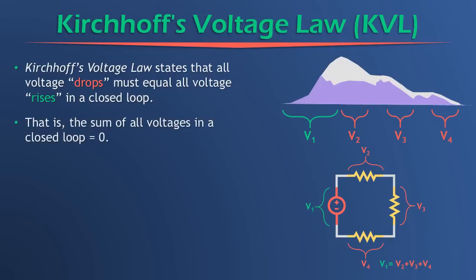And once again, we can express this in the summation notation. That rhymed. As the summation of all the V's equal to 0. And again, J just tells you what voltage we're talking about. So voltage V1, V2, V3, whatever one we're talking about.